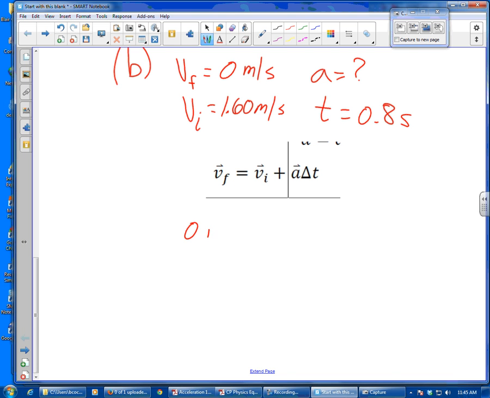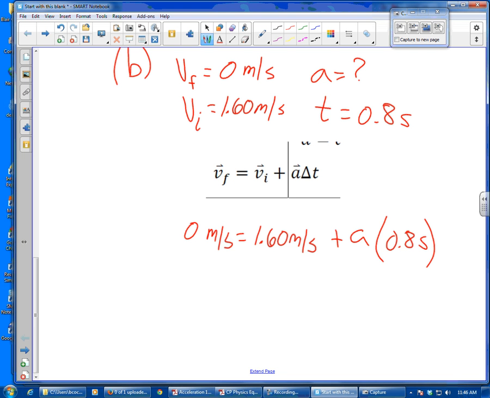So I'm going to end up at 0 meters per second. I'm starting at 1.60 meters per second plus A, and I do that for 0.8 seconds. My speed slows.